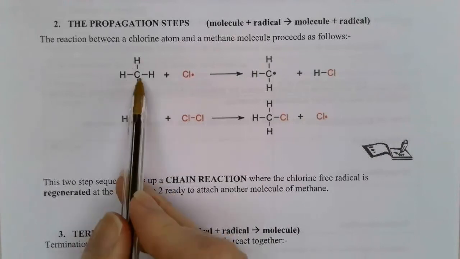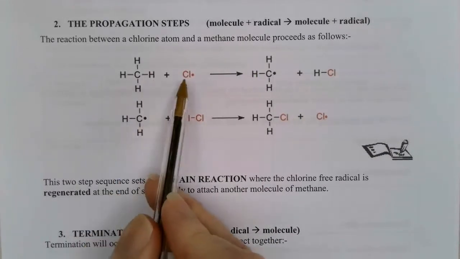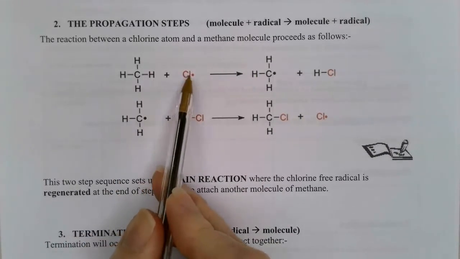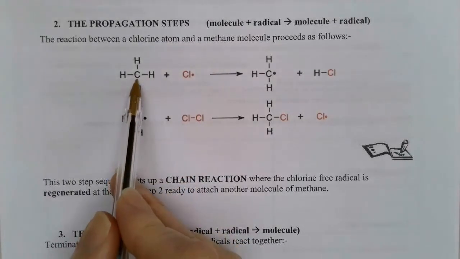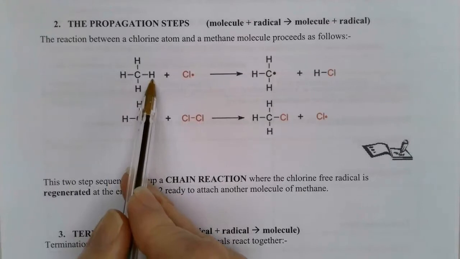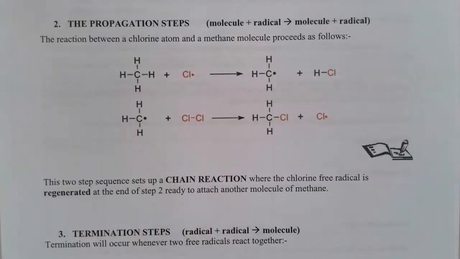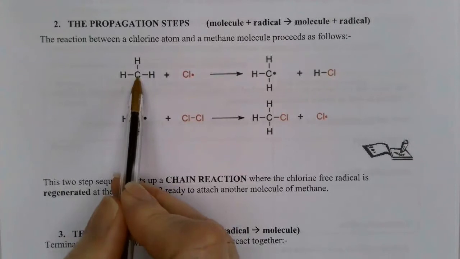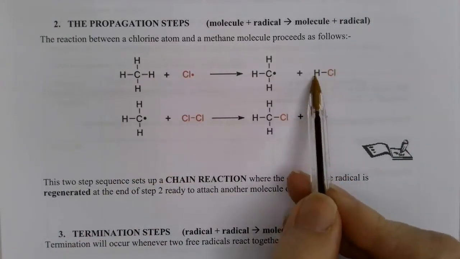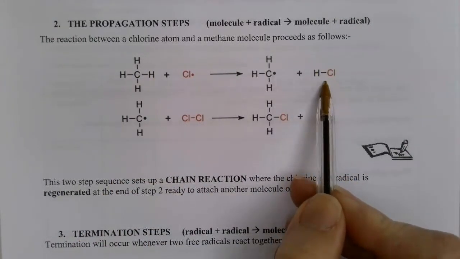So here I've got my methane molecule with my chlorine free radical. This chlorine free radical is so reactive it's able to break the carbon-hydrogen bond. It's the only species which is going to be reactive enough to do that. So it's going to be able to pull this hydrogen away from the carbon, making my HCl molecule.